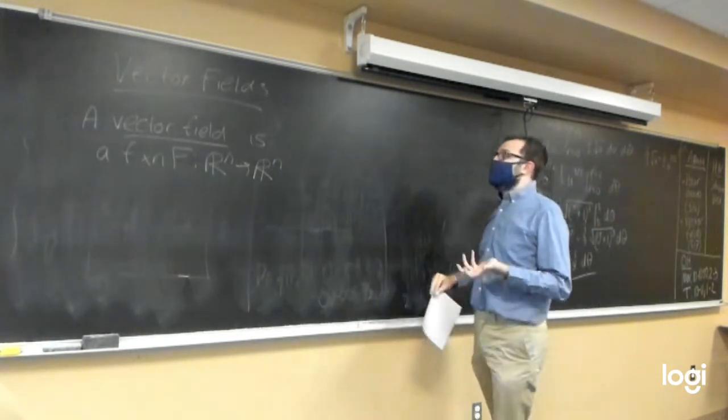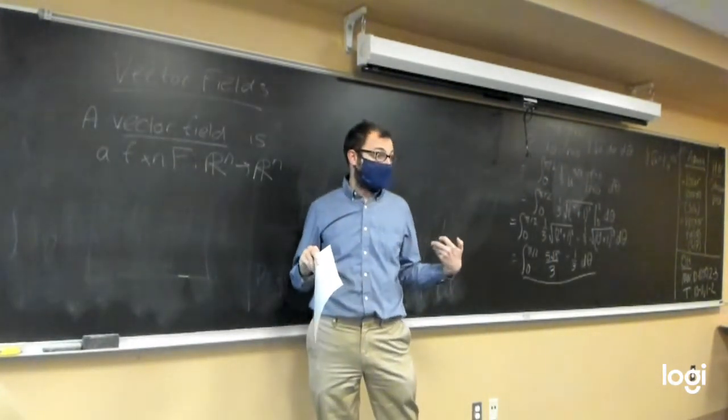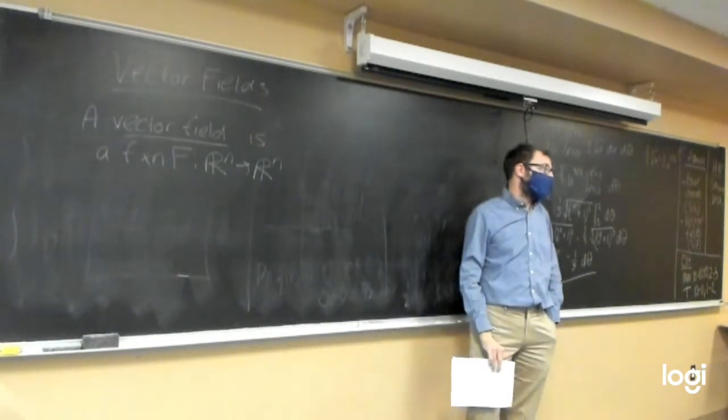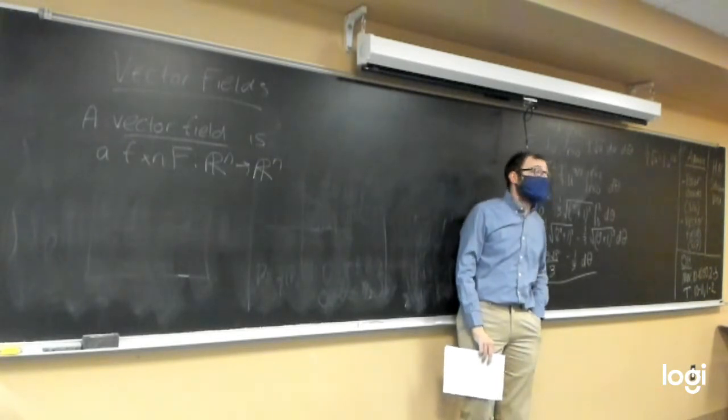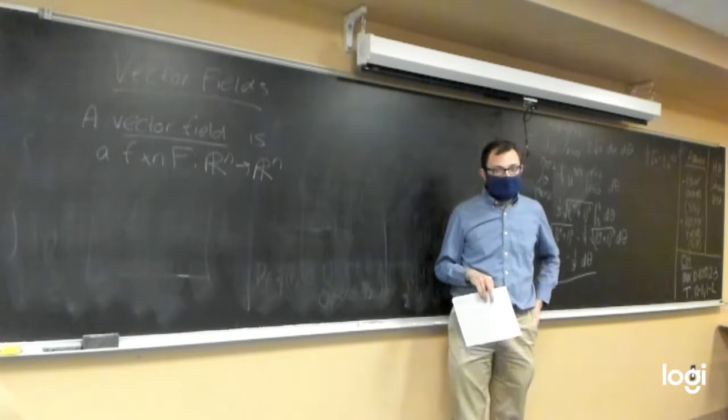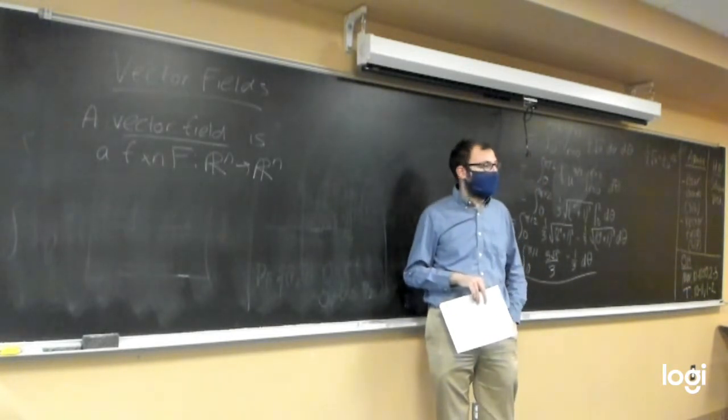The dimension of the input vectors has to match the dimension of the output vectors. Which means we could be looking at functions from R to R, like in Calc 1, or we could be looking at functions from, say, R2 to R2, or R3 to R3, or in Dr. Verstal's sadistic mind, R8 to R8.